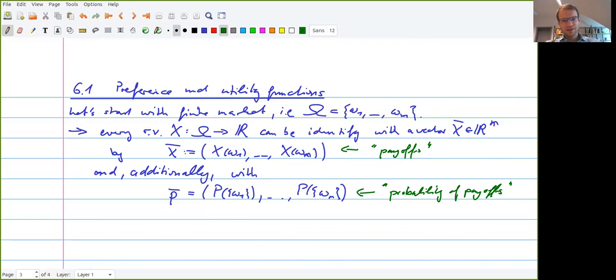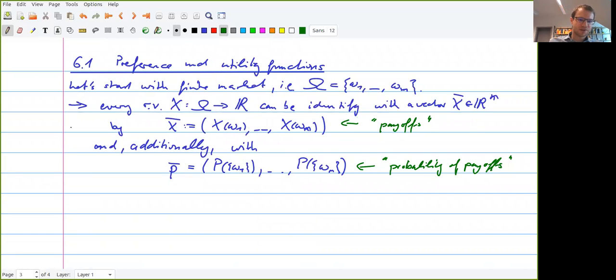And now in the context of preferences, these payoffs are just called lotteries, right? Because they're random payoffs. This is just to use the language of the area.